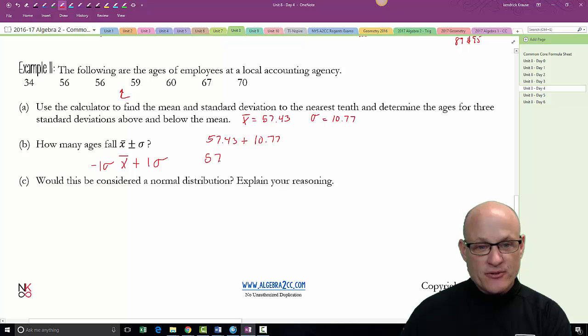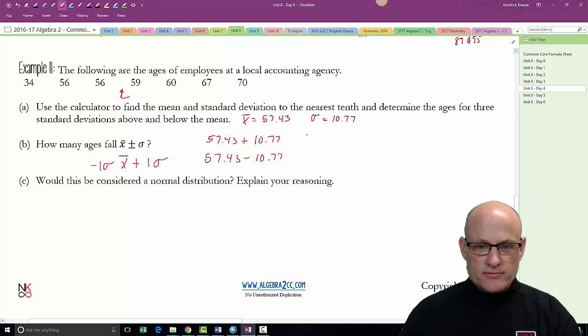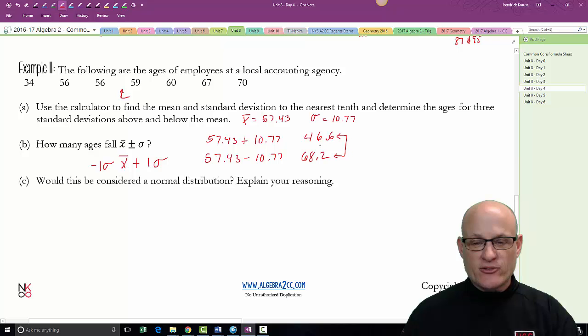And I'm going to take this 57.43 and subtract 10.77. When I do that, on this one I get 46.6, and on this one I get 68.2.